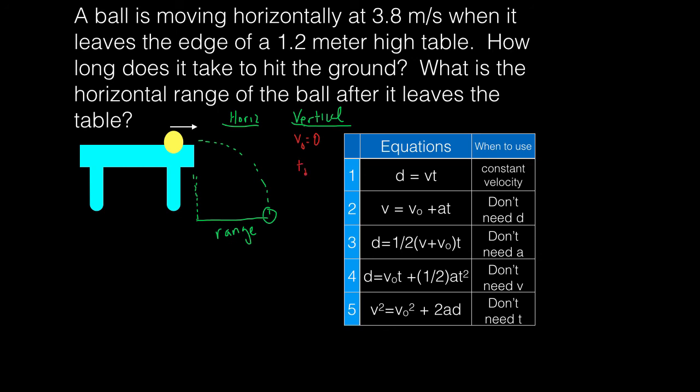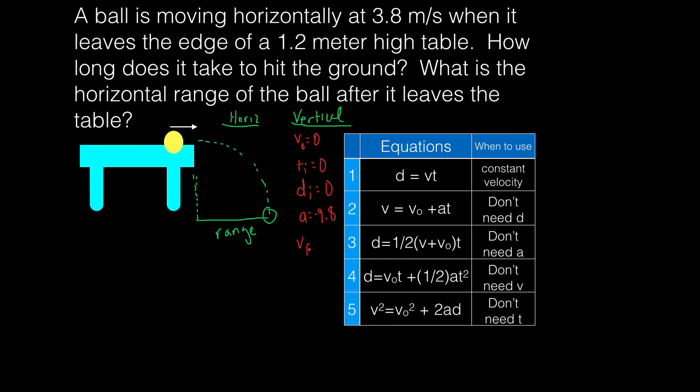Time initial, of course, is always the same. It's always 0 seconds. Displacement initial, that point at which it leaves the table, I'm going to call that point 0 as well. And now we know acceleration is going to be a negative 9.8 meters per second squared.